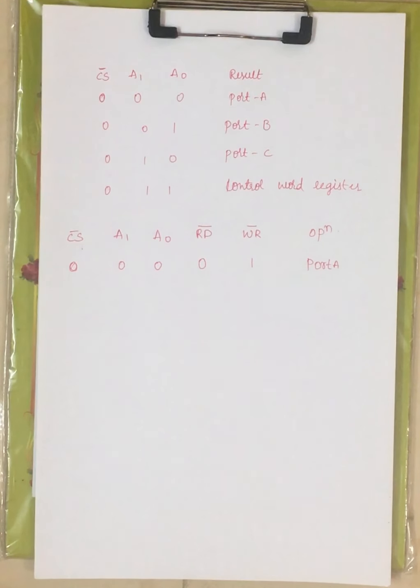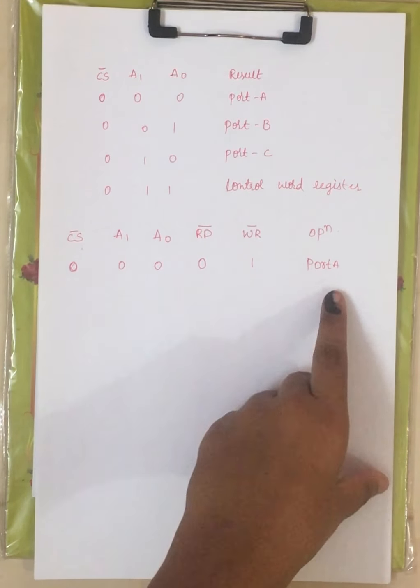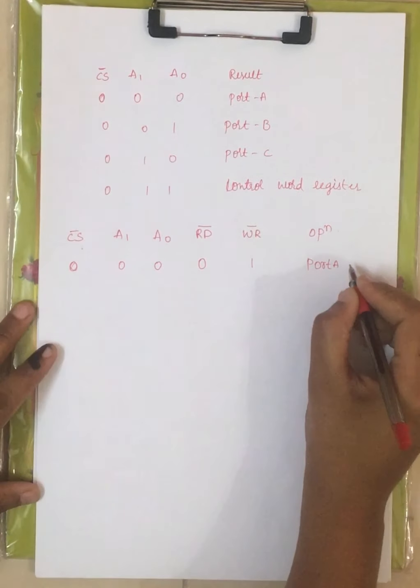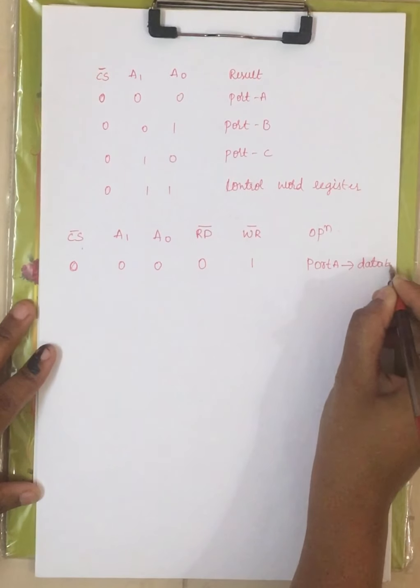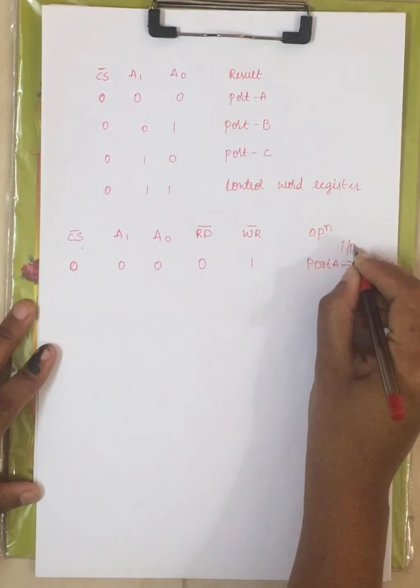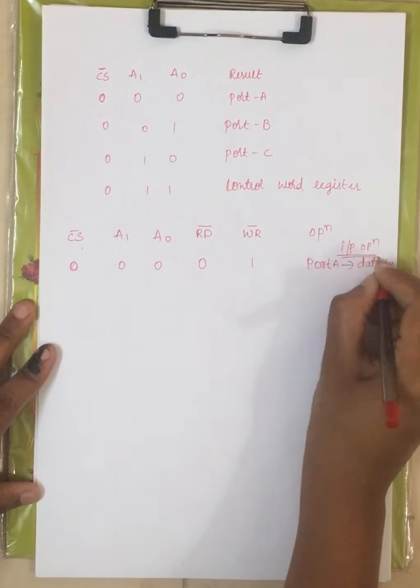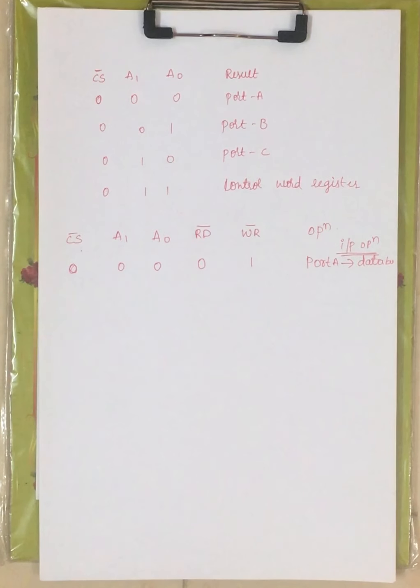What does it indicate? When the read signal is 0, the microprocessor reads data from the selected IO port, which is port A, and that data is carried to the data bus. Since it is reading, it is called an input operation.